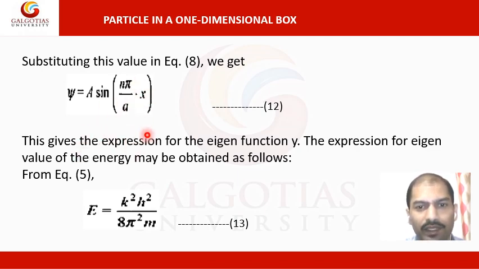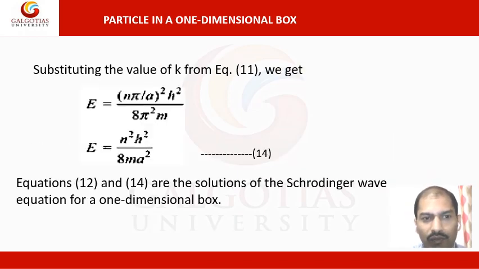The expression for the eigenvalue of the energy may be obtained from equation 5. So equation 5 takes this shape: E will be k square h square upon 8 pi square m. From here you can calculate the energy.